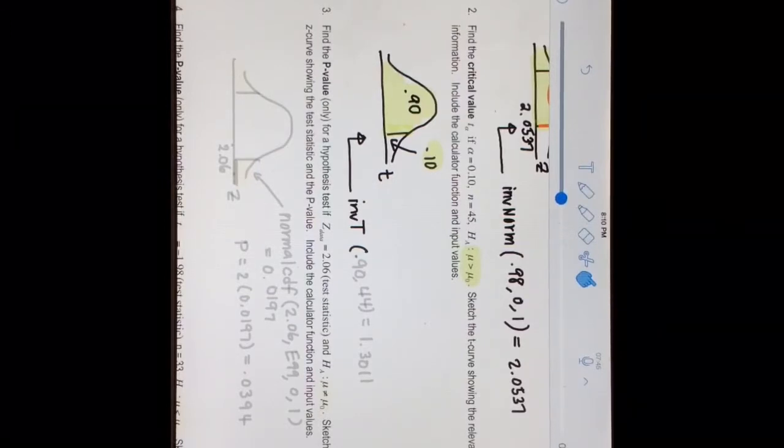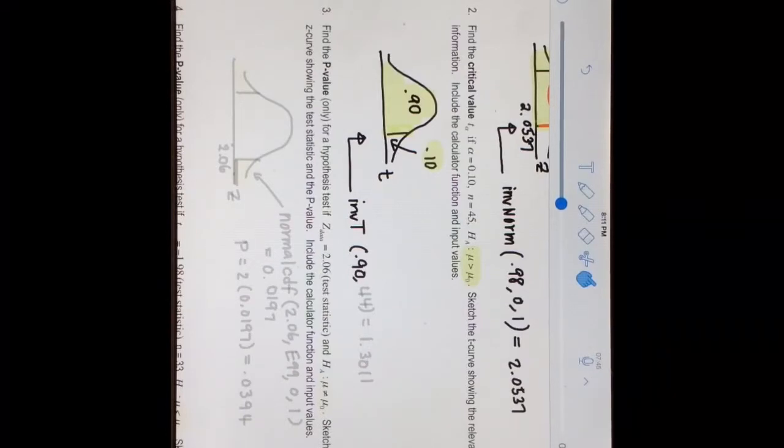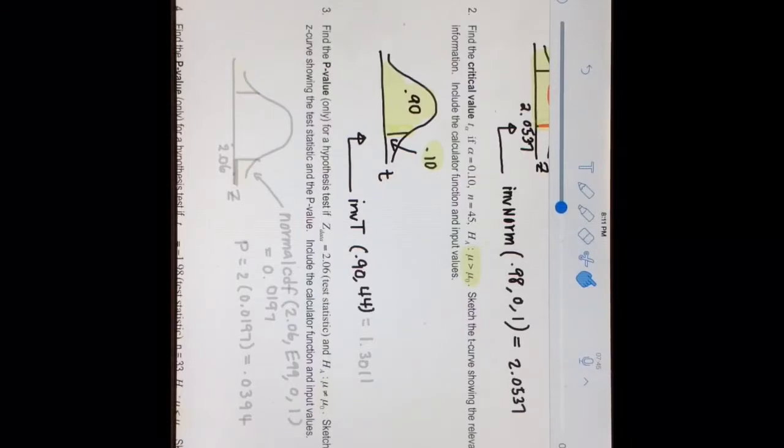So 0.90 here, and then we put the degrees of freedom, which is n minus 1, and n is 45, so the degrees of freedom is 44, and we enter this into the graphing calculator. Then we get 1.3011.